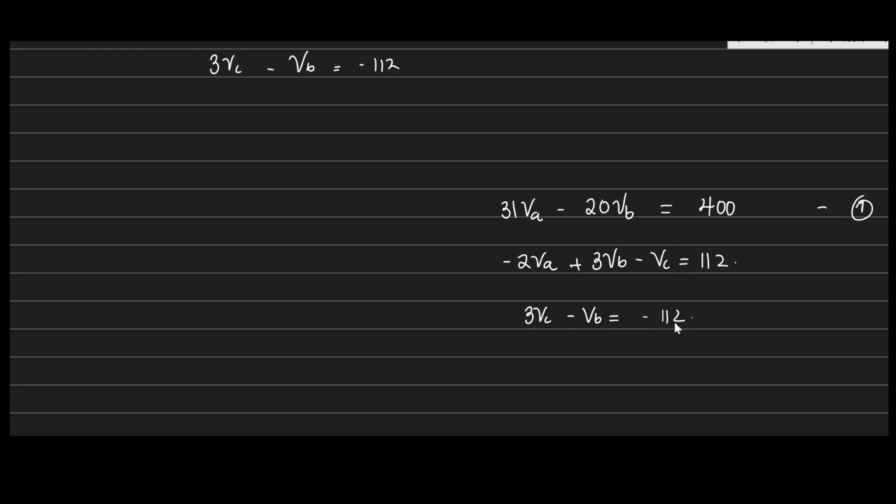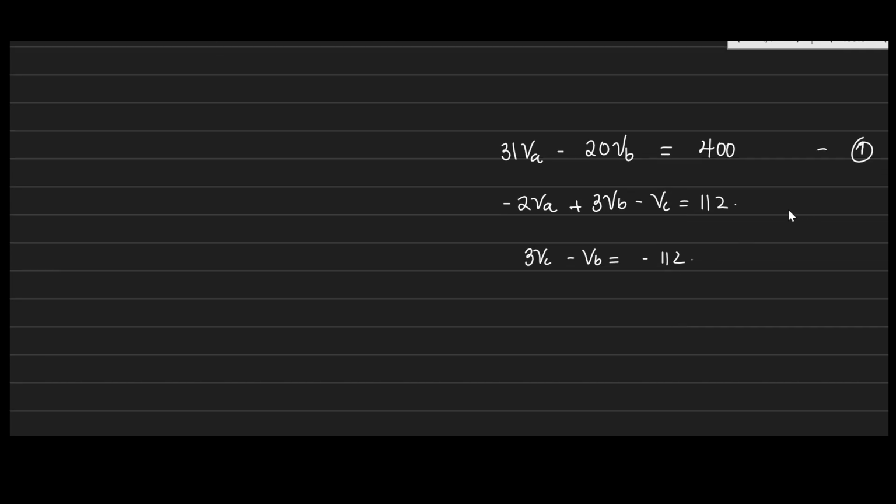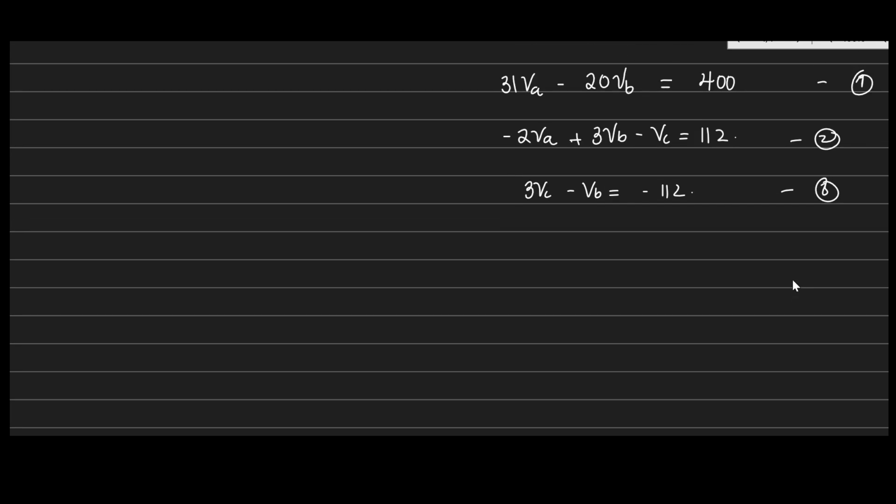Okay. So now we need to solve these equations. This is our second equation, this is our third equation. So I have three equations now. So we need to solve them. I can use the elimination method, or I can use the substitution method. Let me try the substitution method because I can see that in the last equation I can make VB the subject. So I take negative 112 to the other side, right?